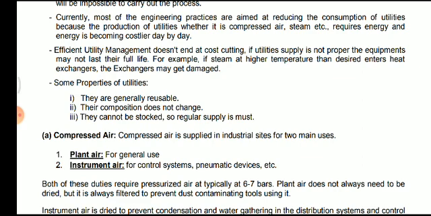They cannot be stocked, so regular supply is a must. The regular supply of utilities is the most important.